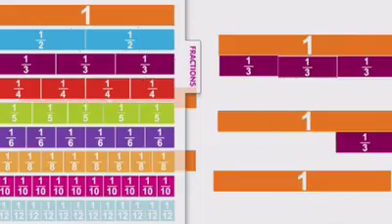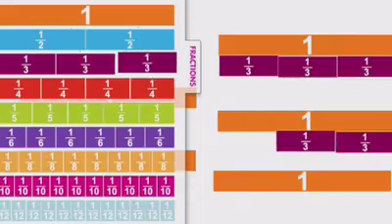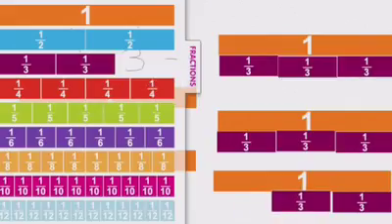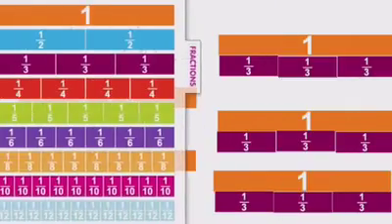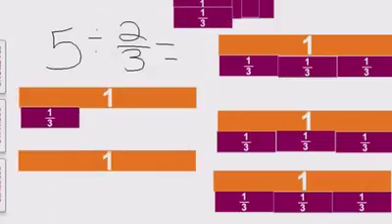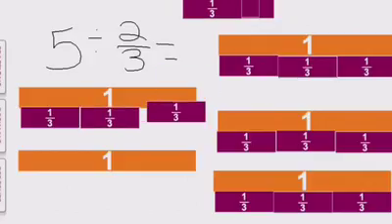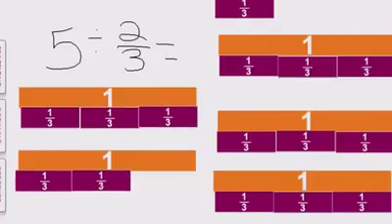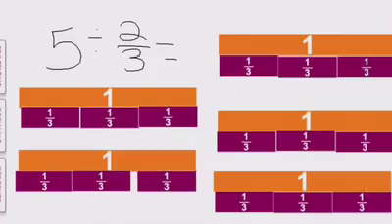Remember, you should have 3 1/3 pieces underneath each one. Okay, and again, now we're going to group them into groups of 2 because our numerator is telling us to put those in groups of 2.